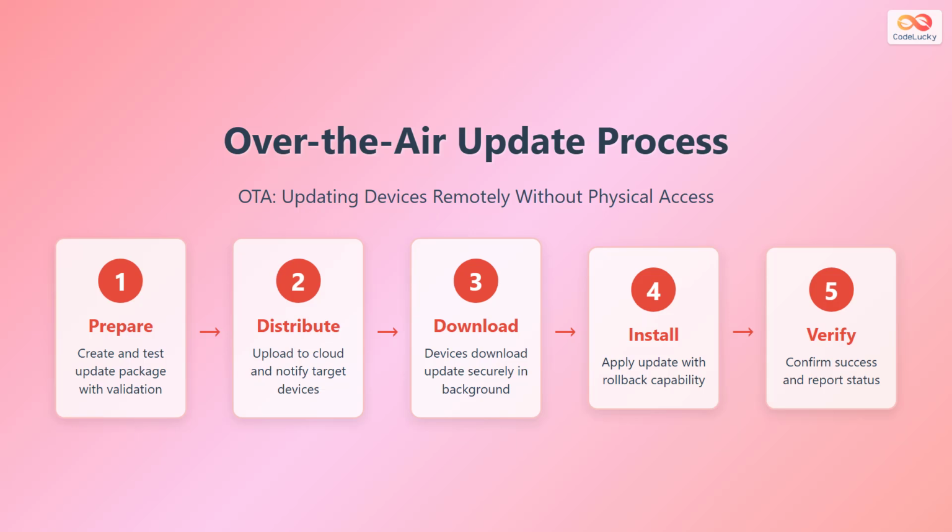Third, devices download the update securely in the background without disrupting operations. Fourth, the installation phase applies the update with built-in rollback capability in case of failures. Finally, the verification step confirms successful installation and devices report their status back to the management platform. This seamless process is crucial for maintaining large-scale IoT deployments.